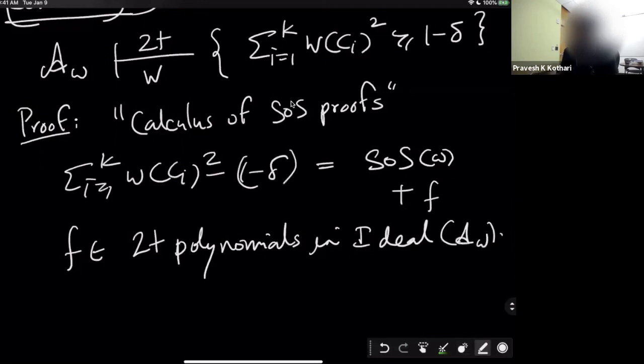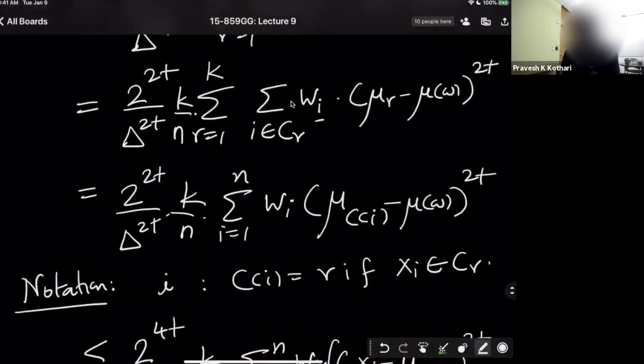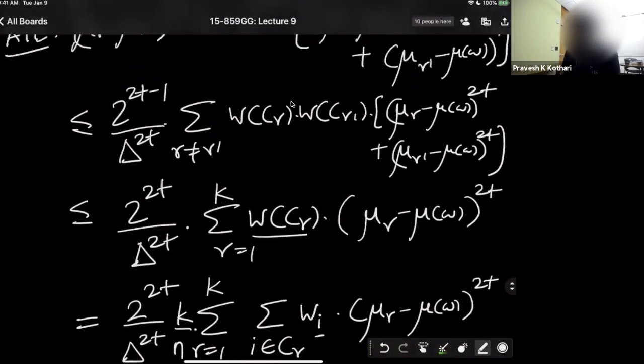So the ideal of A_W, I don't know if I used this terminology last time, is just the polynomials that are multiples and sums of multiples of polynomials that appear in A_W. Okay, I'll clarify this in a second. But let's first go back and check why I claim that every step can be done with a low degree sum of squares proof. Okay.